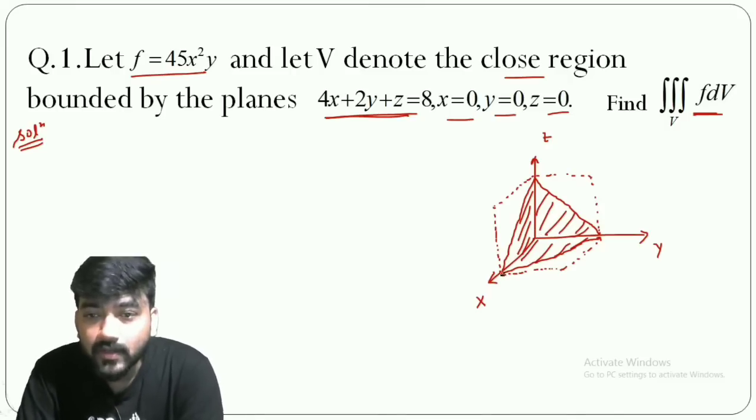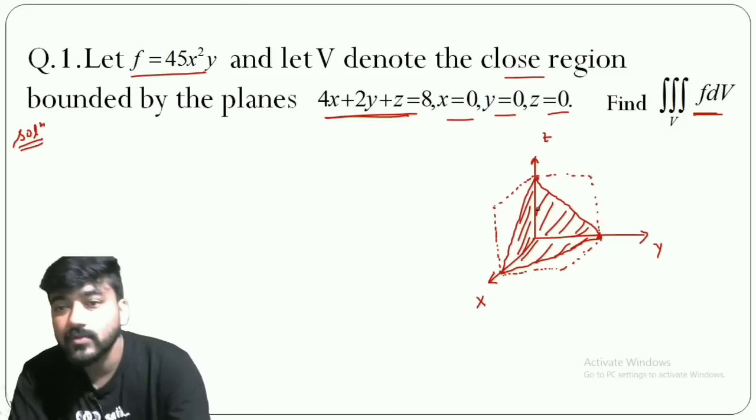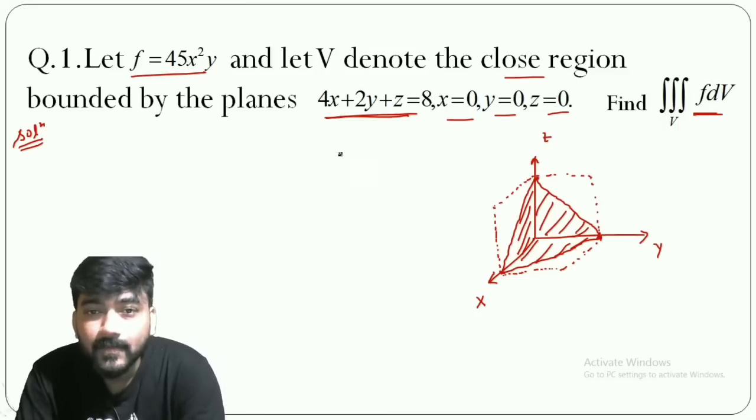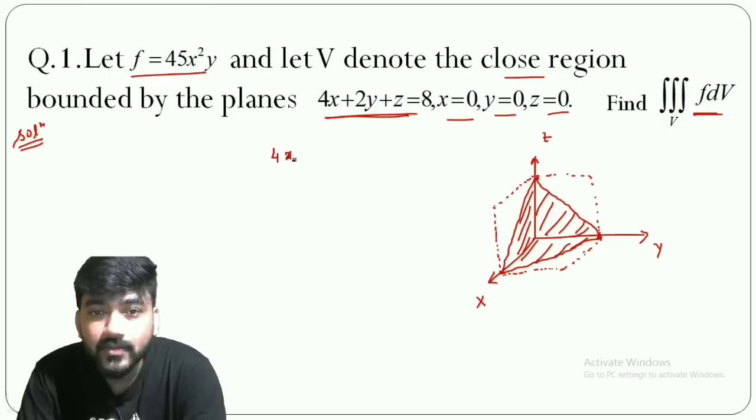So if you want, you can find this point also. Okay, so you can write it like this: 4x plus 2y plus z is equal to 8, and if you divide by 8, it will be x by 2 plus y by 4 plus z by 8 is equal to 1.